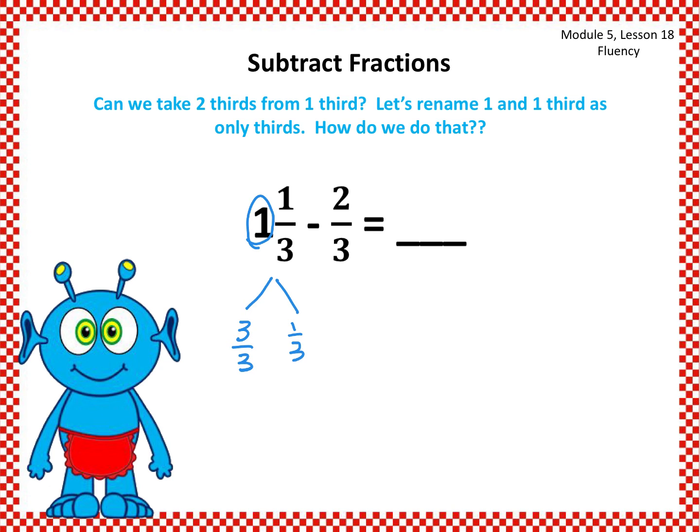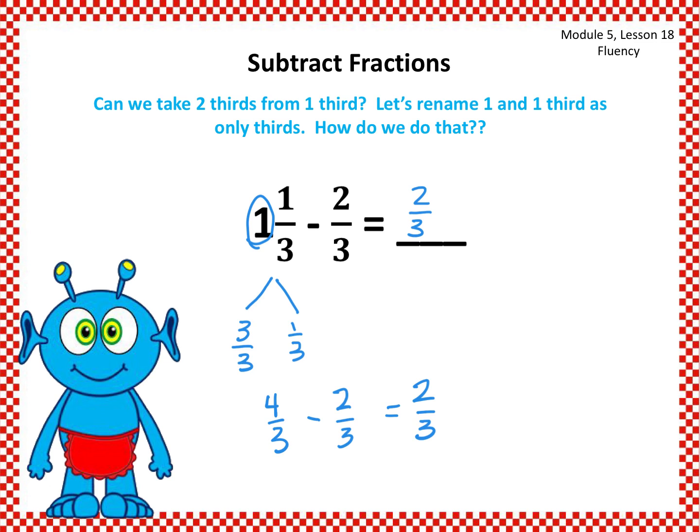And if we put those together, then we have 4 thirds. So then if we subtract the 2 thirds, we're going to be left with 2 thirds. So our answer, 1 and 1/3 minus 2 thirds, is 2 thirds.